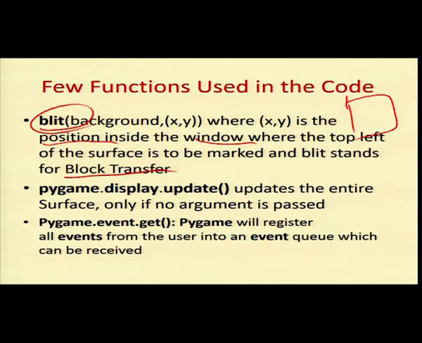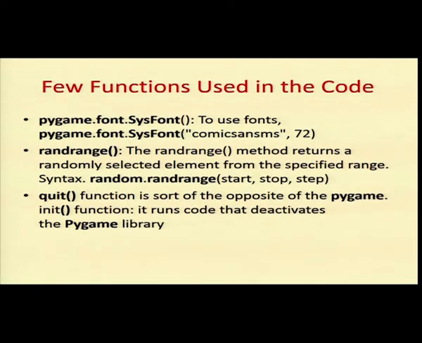Then what else? We have a get method. What is a get method? pygame.event.get. This will register whatever events come in, all events from the user, into an event queue that can be received. Then next is pygame.font.SysFont.